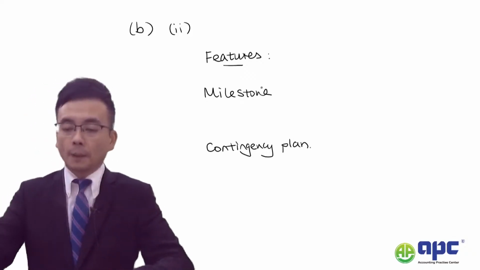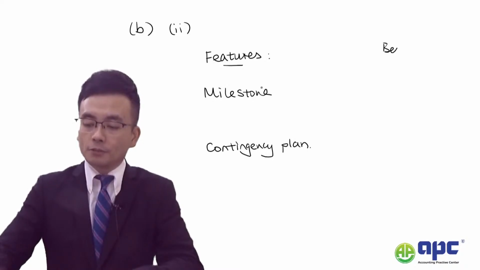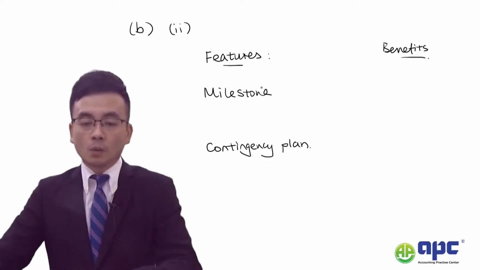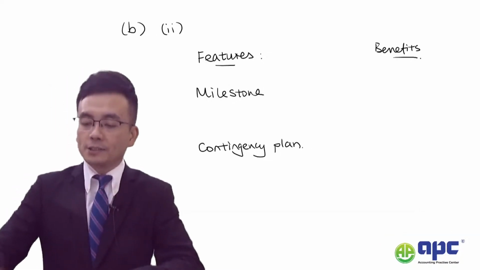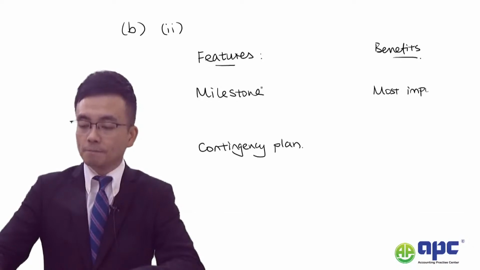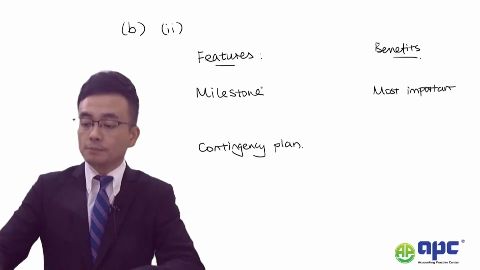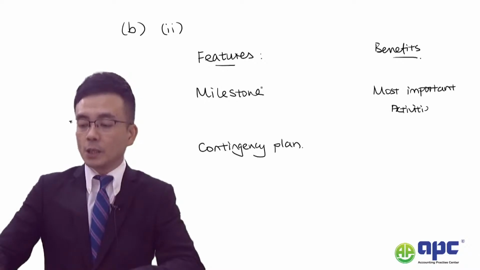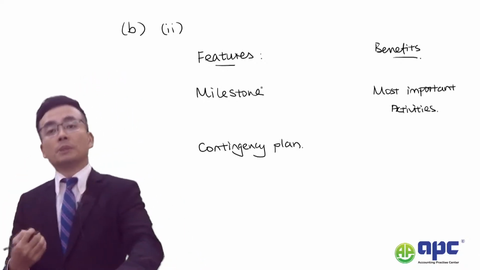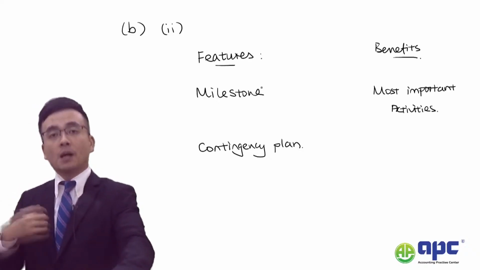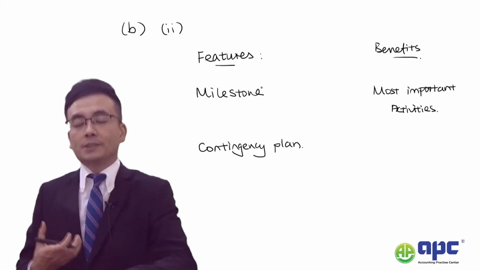What are the benefits of doing so? Well, firstly, we can identify the most important activities that we need to take care of. So for example, if I were to deal with that project, I will need to input materials, I will need to employ labour, I will need to have the machines in place.